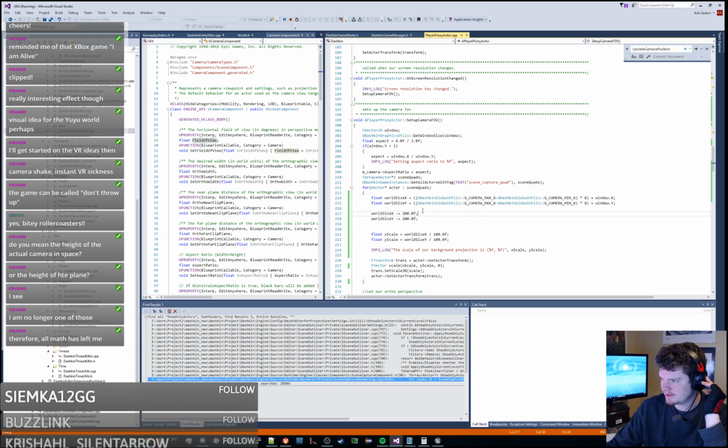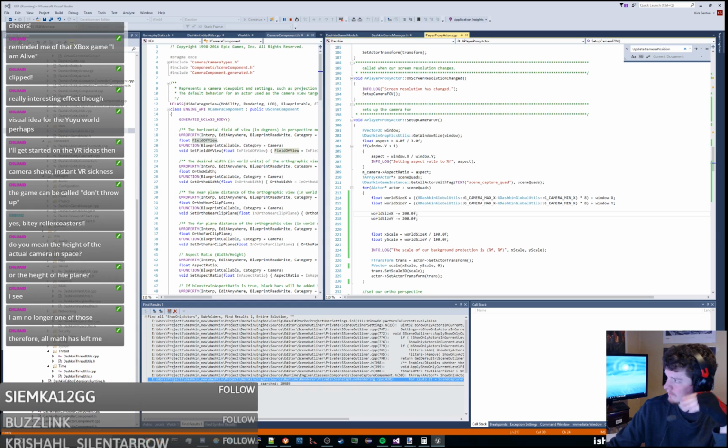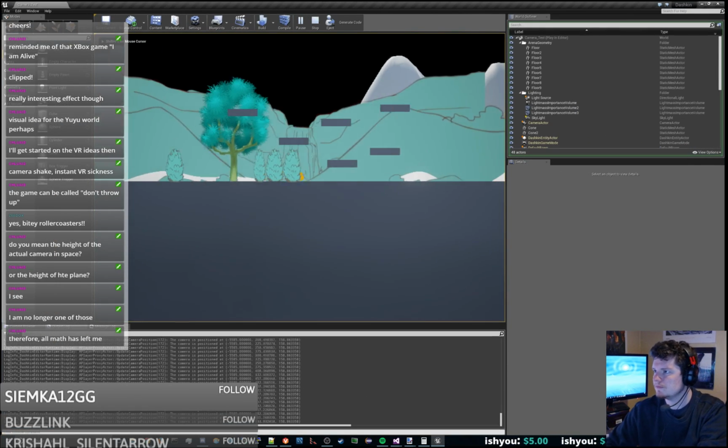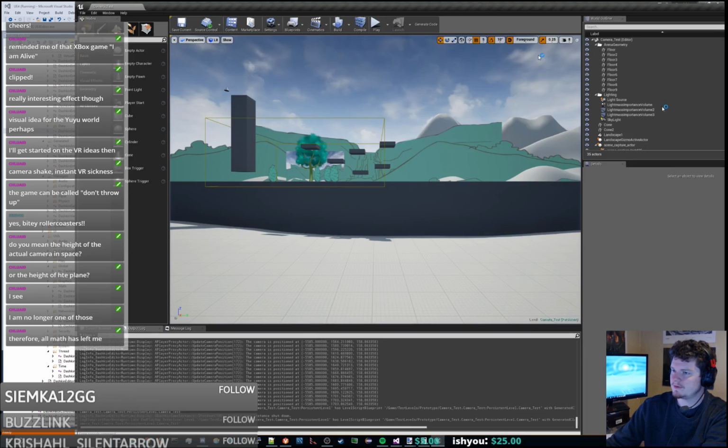I hate the damn DLL loading window, it's just so annoying. It's like, just go away already. Doesn't look like it's correct.